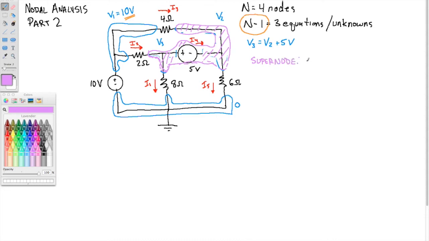A supernode is the combination of two non-grounded nodes separated by a voltage source.